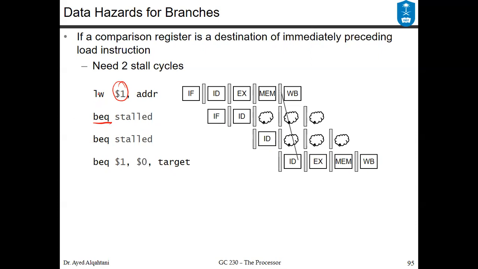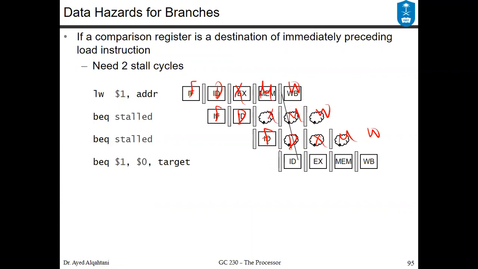So you have a load and, following the load, the branch right away. So what happens is the load will have the value here, and you need to supply it to the ID stage. So you need to stall 2 times to make sure that the ID stage gets it. To check this, simply put F D X M W again, F D X M W again, F D X M and W, and the last one.